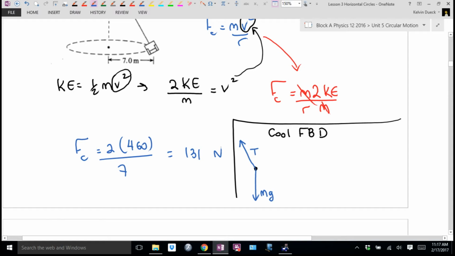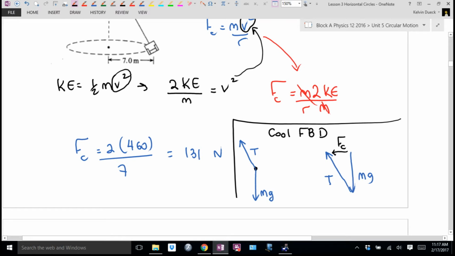Did I say angle? We could componentize this, but instead, those are the only two forces acting on it. I do have two vectors. Why don't I just combine them, add them together, as it were? How might I add them together? Draw them. So, if I draw mg plus tension, can you see the resultant is horizontally towards the center, like I told you.